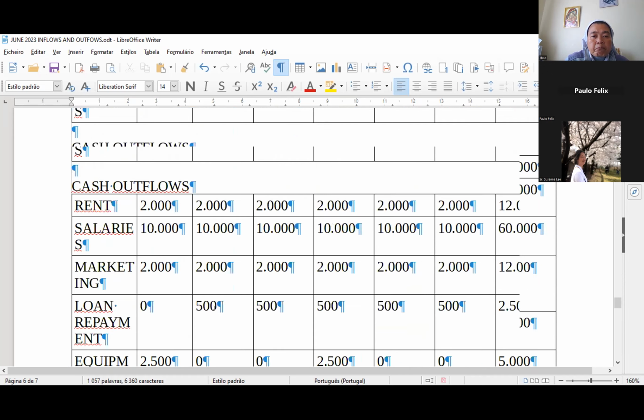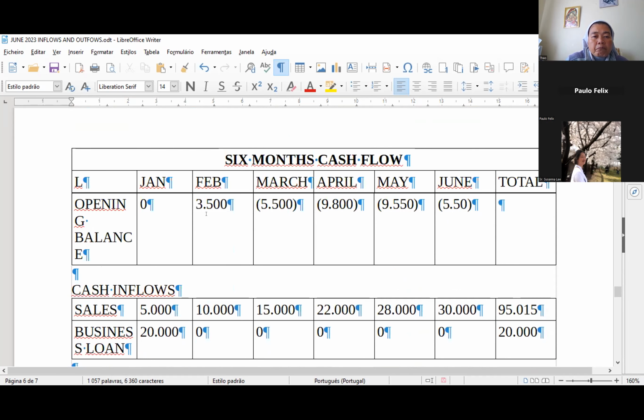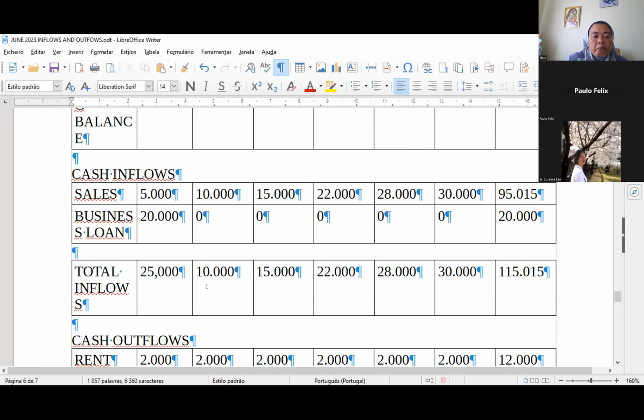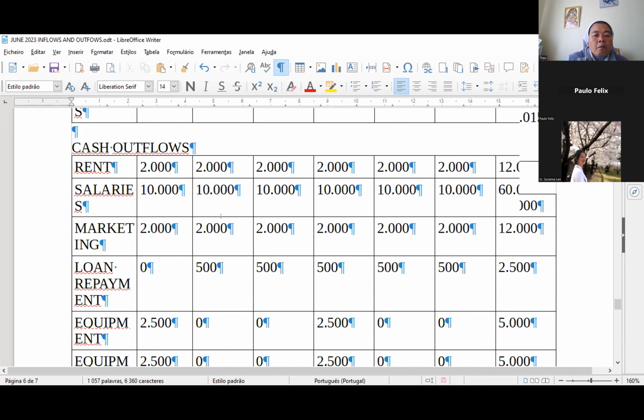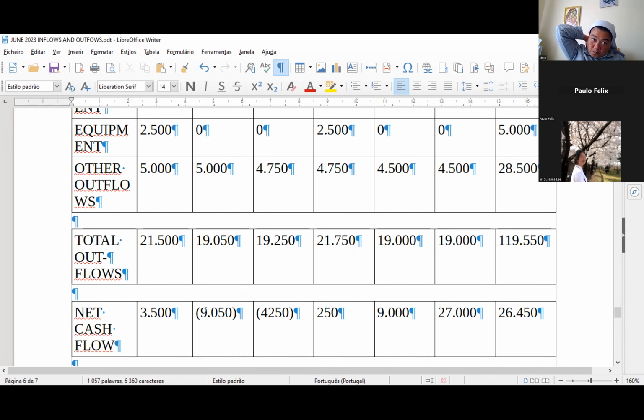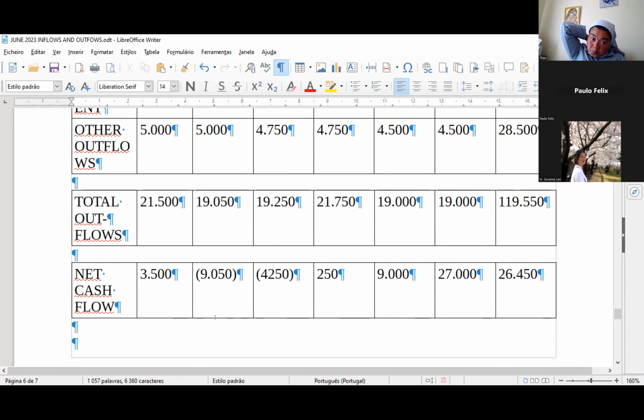So it means that even though you had 3,500 at opening balance, what you had as income, which comes to 13,000, doesn't cover the expenses. That's why the brackets mean it is negative. So we had a negative balance of 9,050 rands.